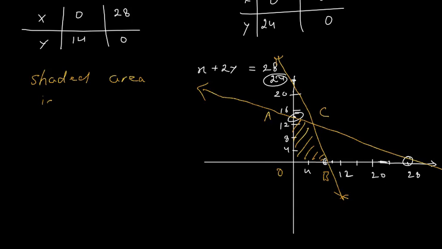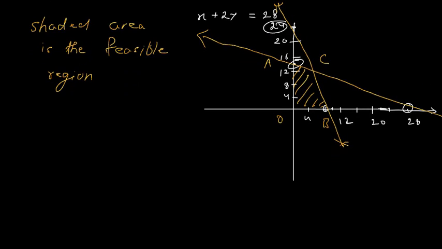Now to know the coordinates of point C, we can find them out from the graph, or we solve the two equations.